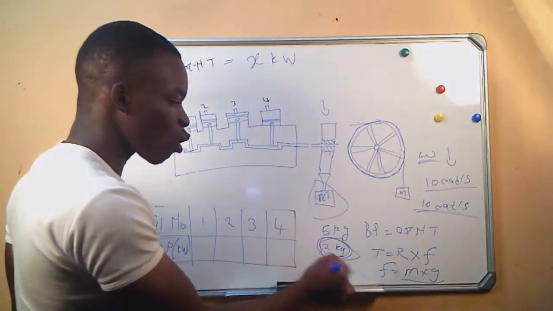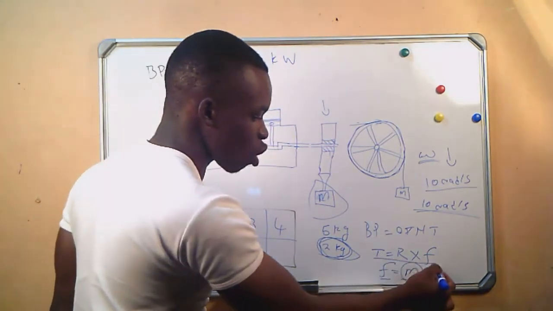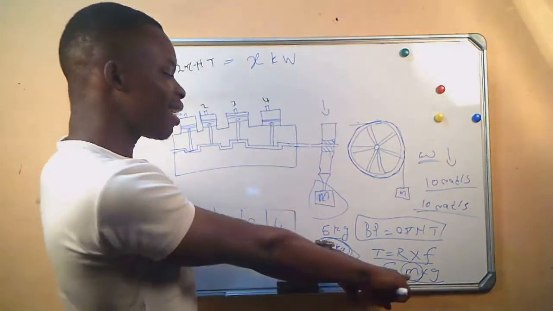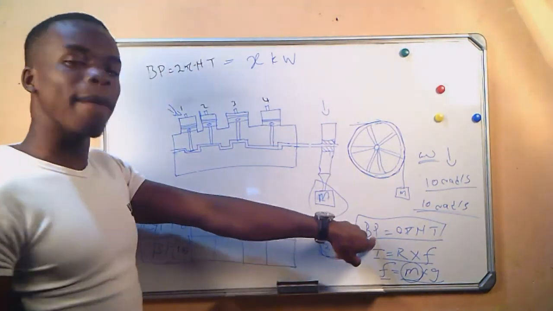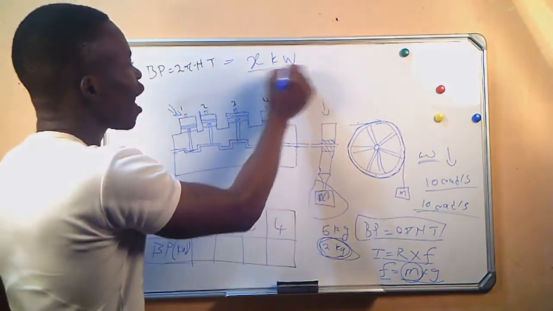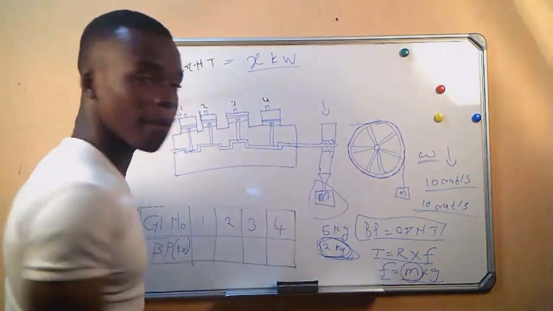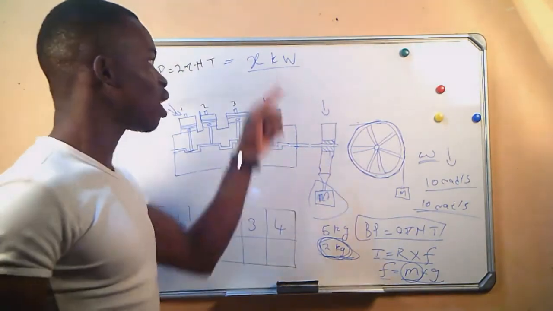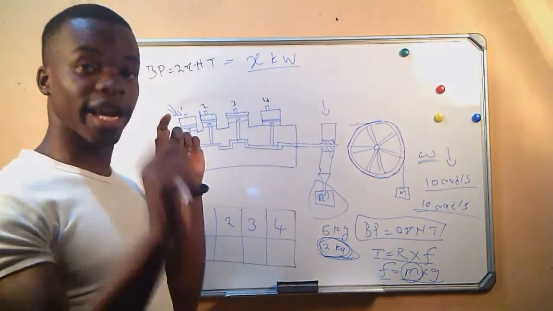That mass we are going to use to calculate the force, which will be used in the torque that will be used to calculate the brake power. Meaning that us decreasing the mass that is used to calculate the torque will result in the brake power decreasing. Now we are no longer having a brake power of X kilowatts because we have decreased the mass that is in the dynamometer. The brake power that we are going to have now will be less than what we had when all the cylinders were active.